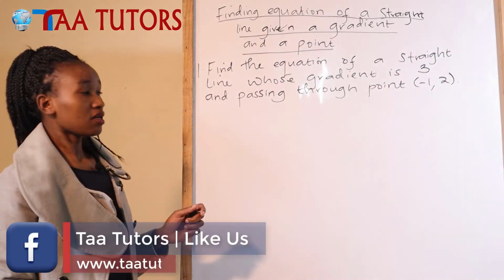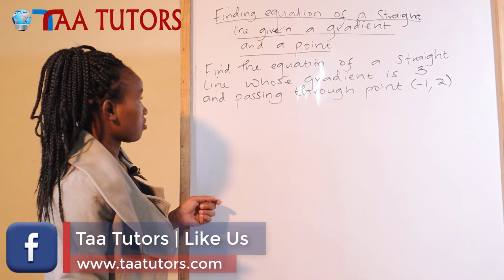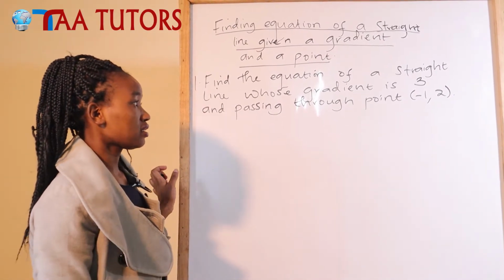Find the equation of a straight line whose gradient is 3 and passing through point -1, 2.